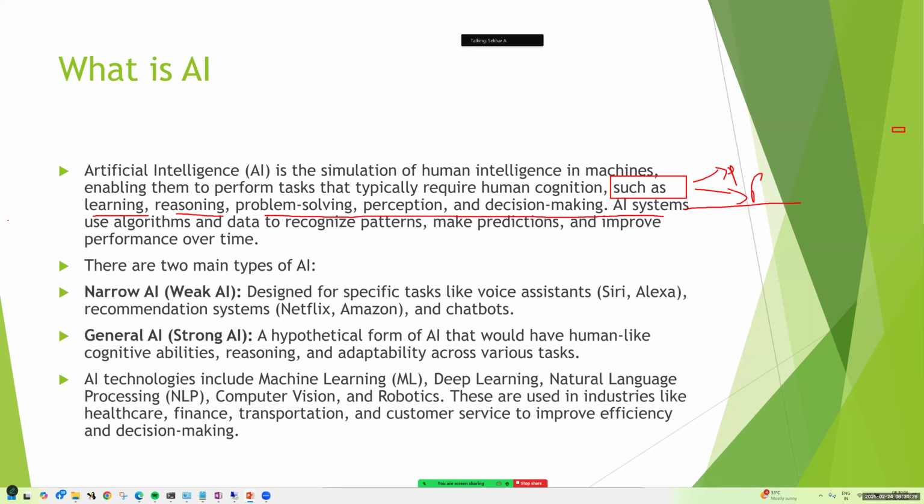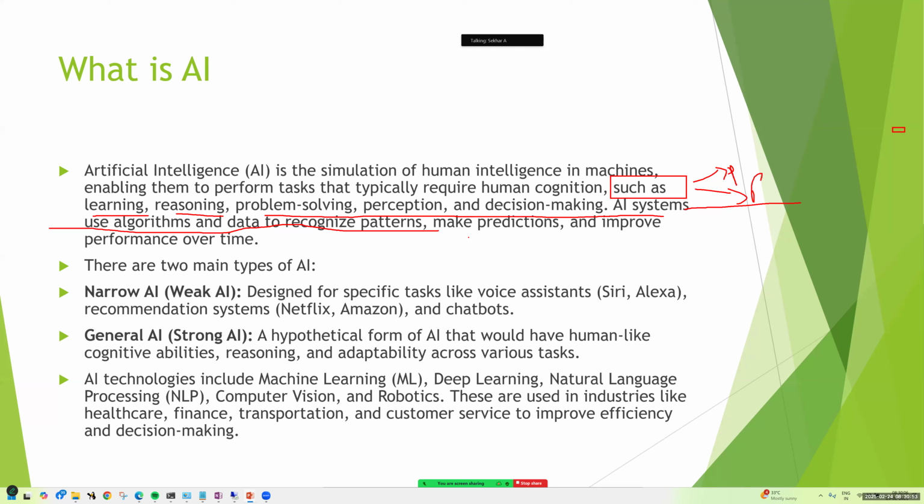AI uses inbuilt or customized algorithms to recognize patterns, and based on that it will give you outputs like predictions and improve performance over time. And it will instantly change the solution to the problem, guys.